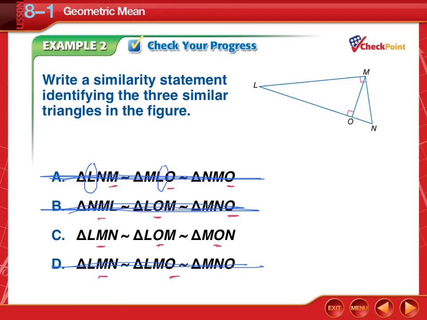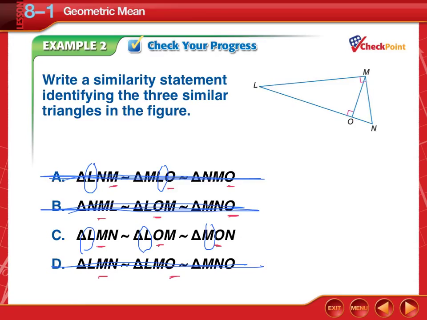So let's take a look at our final answer. C. We've got L at the top of the long side, L at the top of the long side of the medium triangle, and M here in the baby triangle is the top vertex of the long side. So that's in the perfect position. We've already looked at the middle vertex here being the right angle.